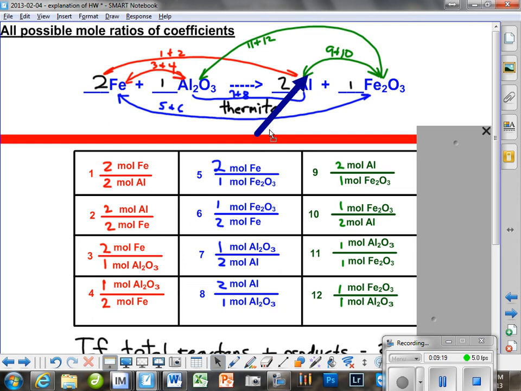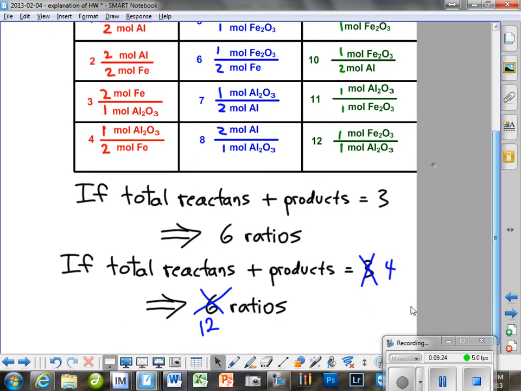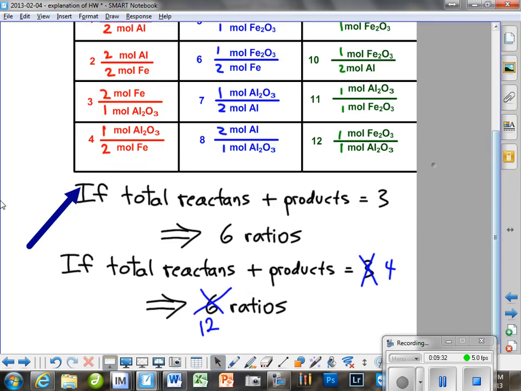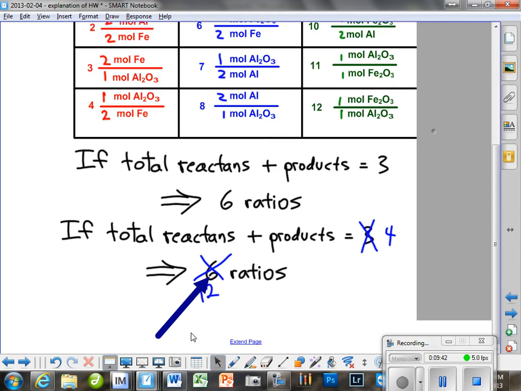Okay? So that's how we do the 4, and notice that on our first one we had 3 to 6. Now on this one, we wind up having 4 products and reactants and 12 ratios.